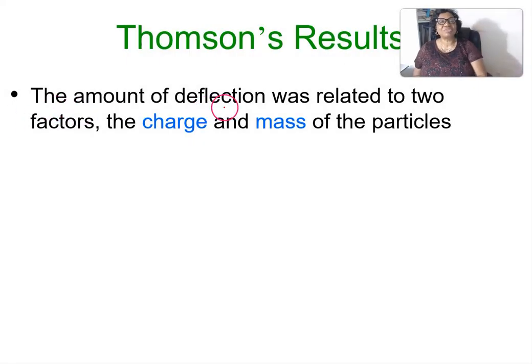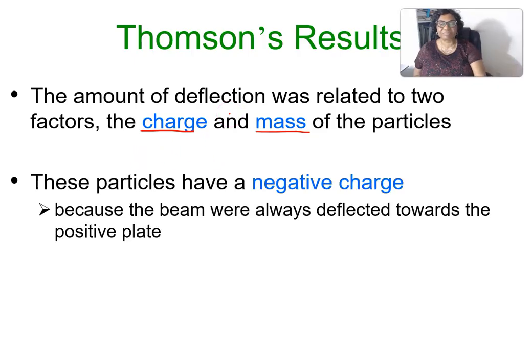The amount of deflection was related to two factors, the charge and the mass of the particle. These particles have a negative charge. How was it sure they had a negative charge? Because the beam was always deflected towards the positive plate when the electric field was applied.